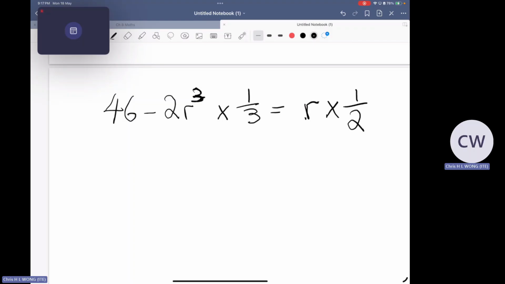3, 2 times R cubed, okay? Okay, I think not so good. Or you can change this to times. My mistake. I change this to times, okay? And I change this to plus.